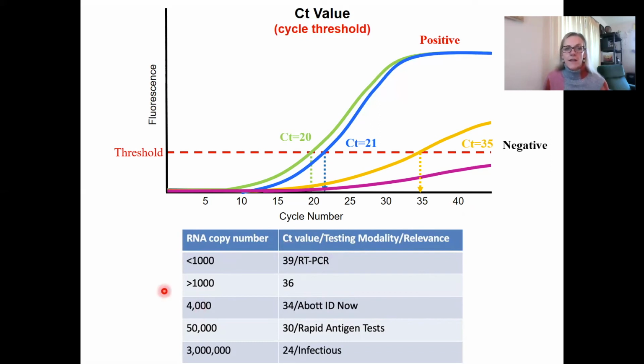Right about 1,000 copies would be at cycle 36, and 4,000 copies is about cycle 34. So even at cycle 34 is where you can start saying that you're in the positive range of infectiousness. Rapid antigen tests can detect 50,000 copies, and we really think you're infectious at 3 million copies, and that would be at about cycle 24.